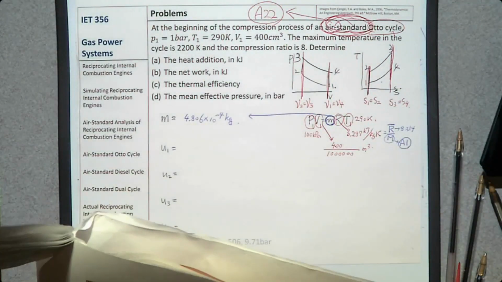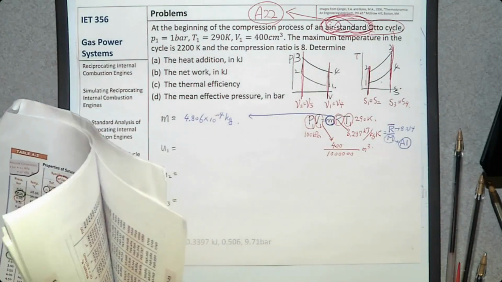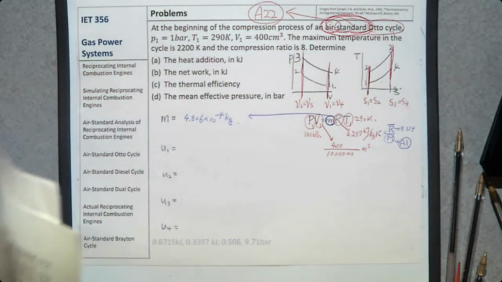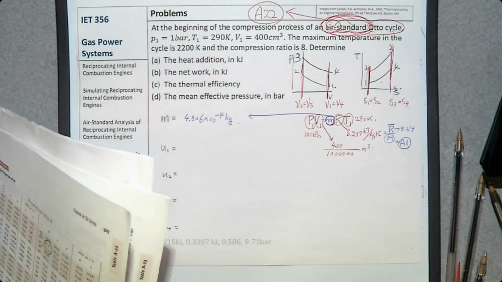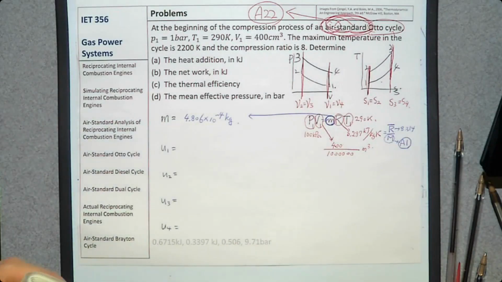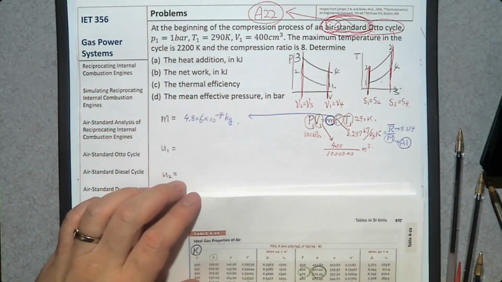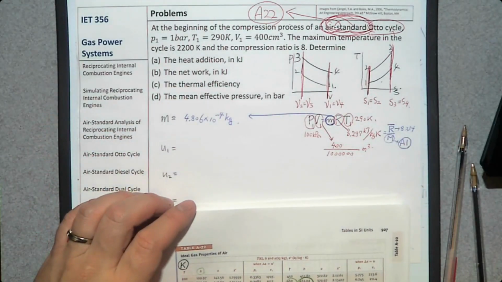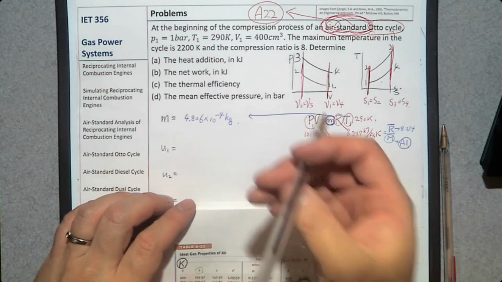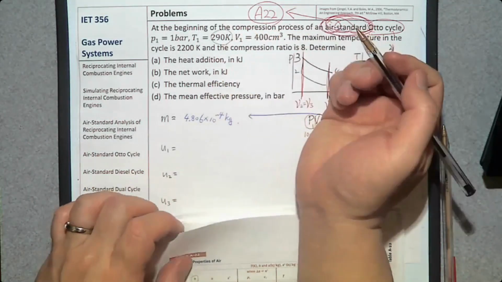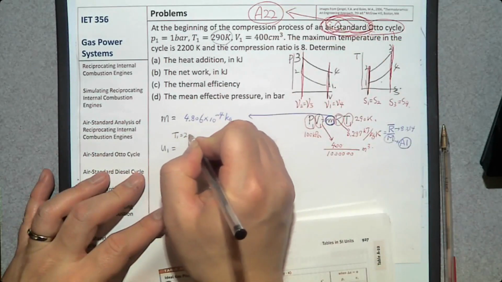So let's go find table A22. Oh, here. Table A22. Let's see. What do we know? At the initial state, we know temperature T1 is 290.